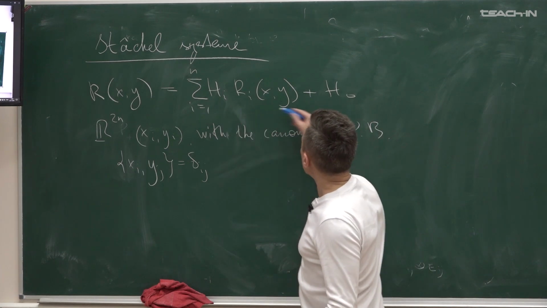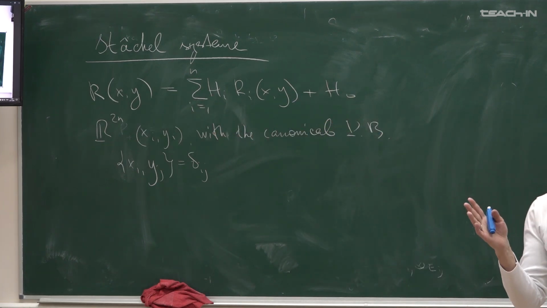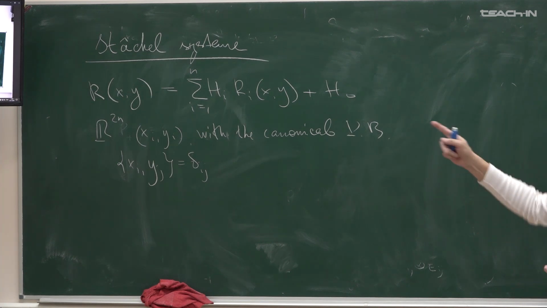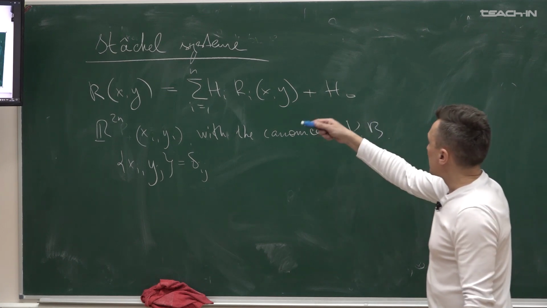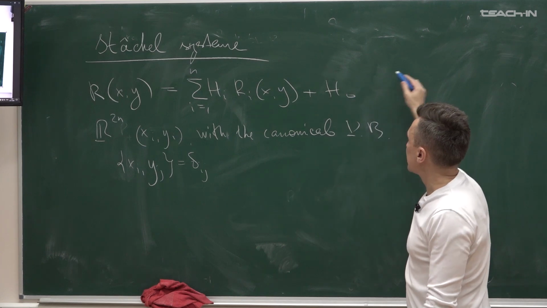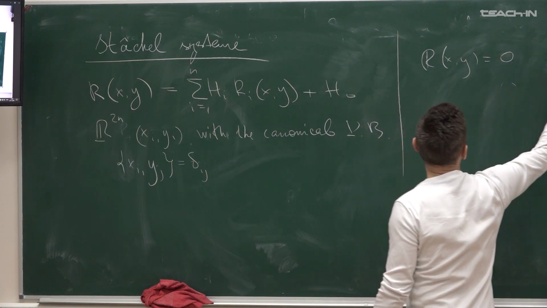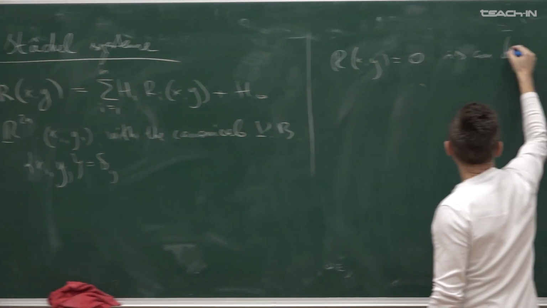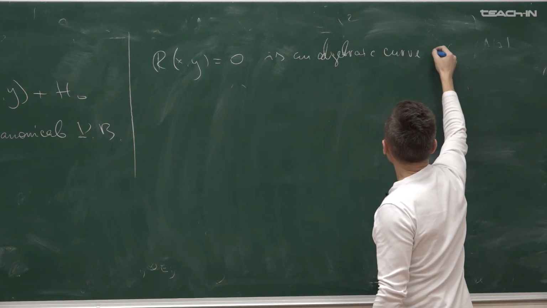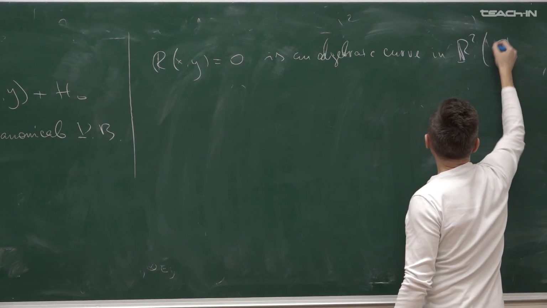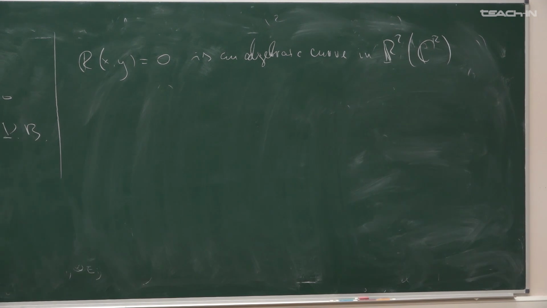So we will think about this equation also as the equation of an algebraic curve on R2. x, y are the coordinates of a point in R2, and we consider the equation r(x, y) equal to 0, an algebraic curve in R2, but it is always useful to consider a complex extension.